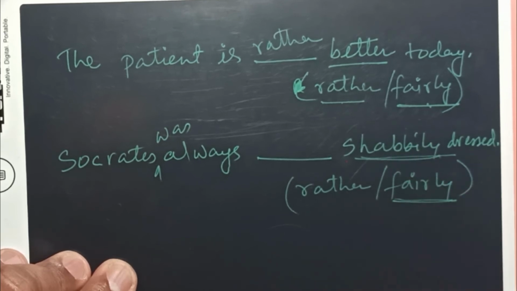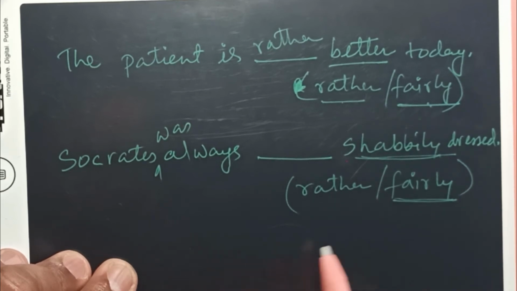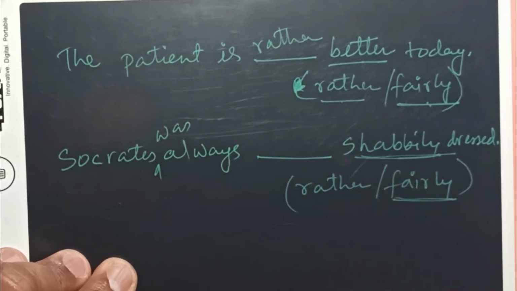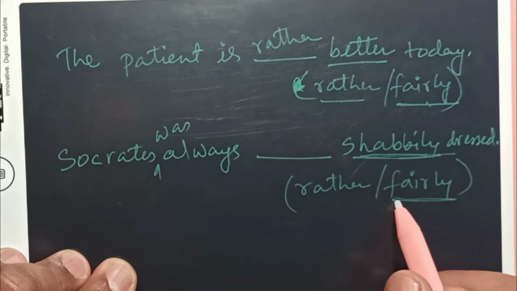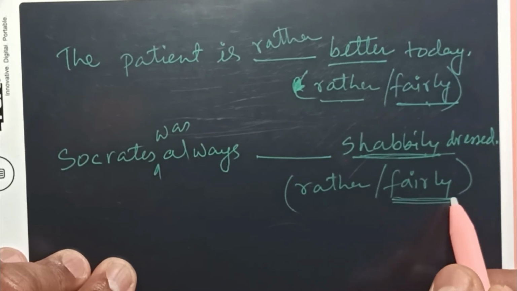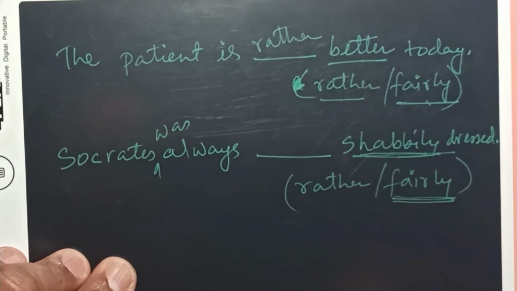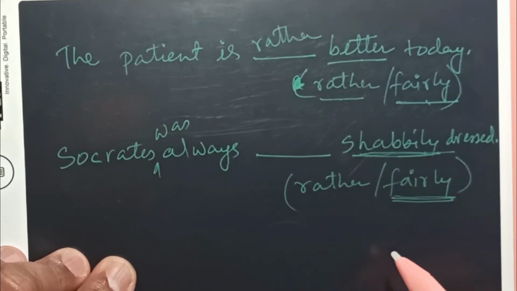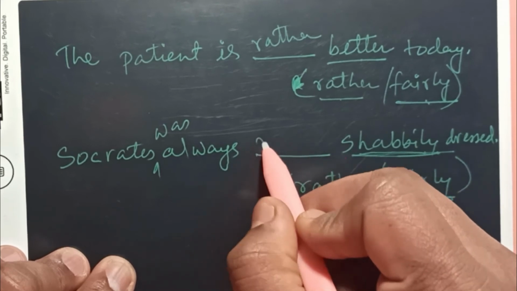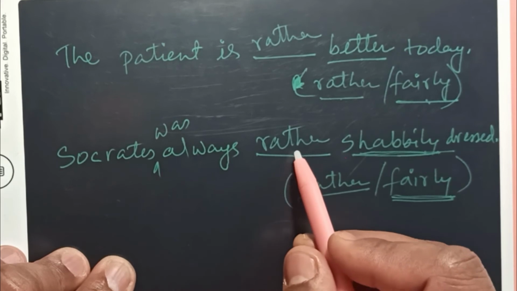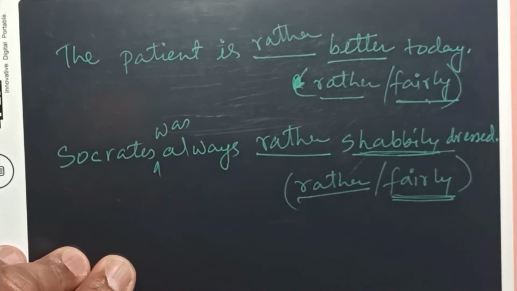That will make an oxymoron, two opposite words coming together to form one kind of effect in the sentence, but this is not okay in this case because this is also an adverb. It should have been an adjective, then we could have used fairly shabby, but it's not possible right now. Fairly shabbily cannot be used, so we'll opt for rather. Socrates was always rather shabbily dressed.